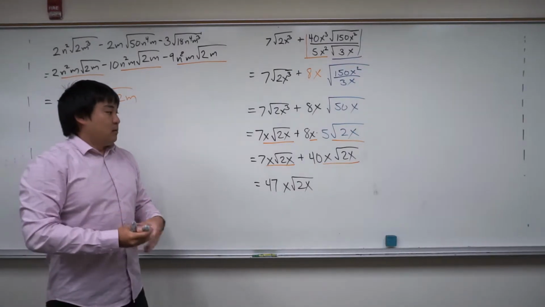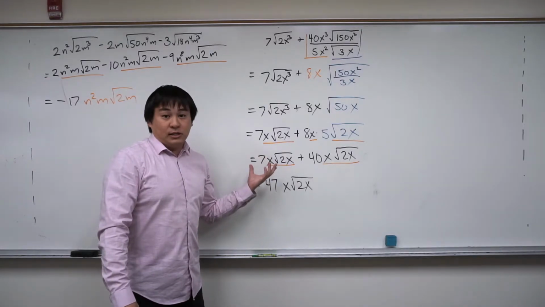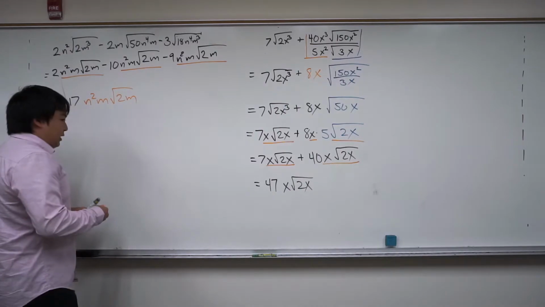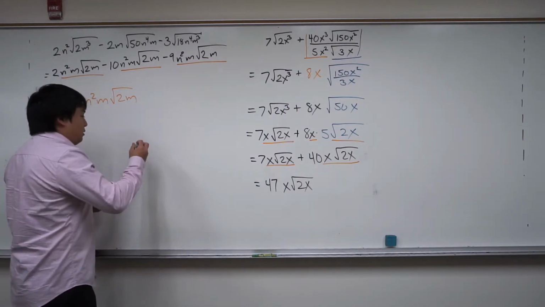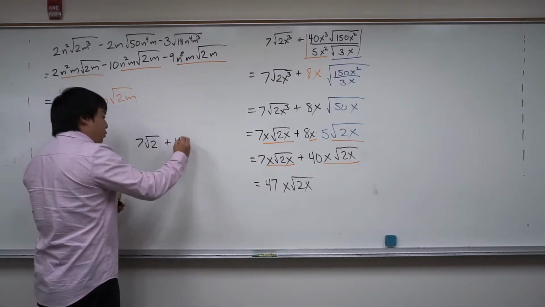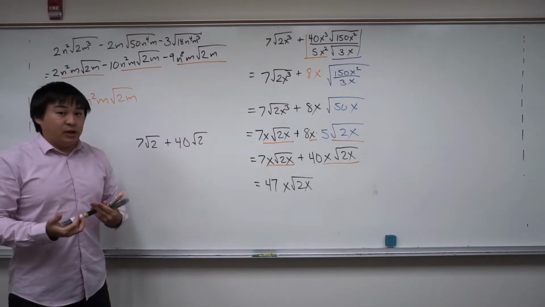Now this common part, right, can be true for other looking types of examples. And so I'll just do a really quick example where it's something like 7 root 2 plus 40 root 2. Okay? There doesn't have to be variables in there.